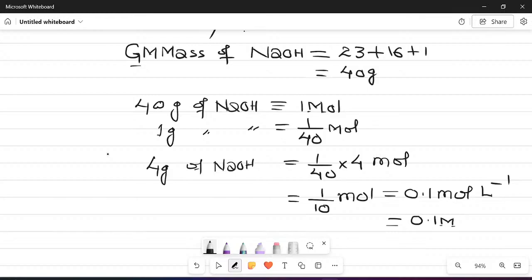Your solution is 0.1 molar. So this is how we convert amount into number of moles, and this is how we calculate molarity.